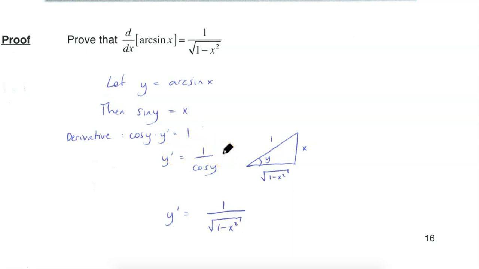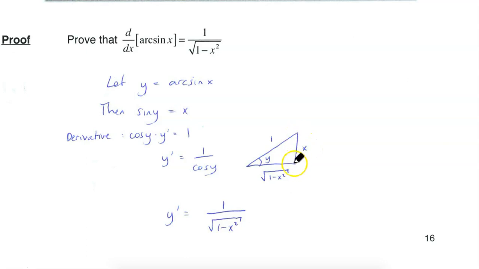That's great, but as we see here, we would like an answer in terms of x. So we need to make a sketch. I could have drawn the unit circle around here, but the radius is 1. And if the angle is y, then sine of y is equal to x. That's given. So if the angle is y, sine of y is on the opposite side.